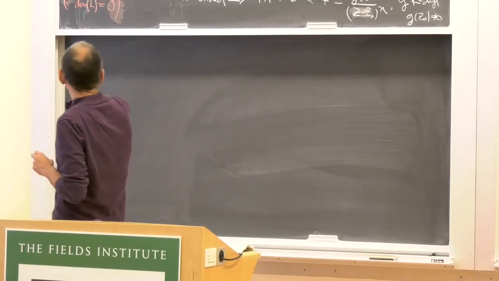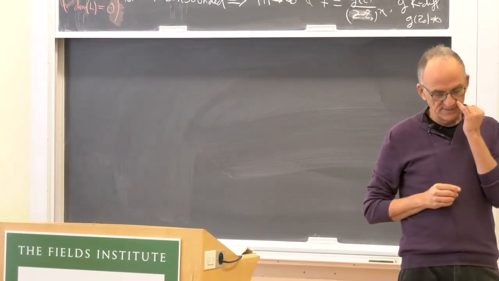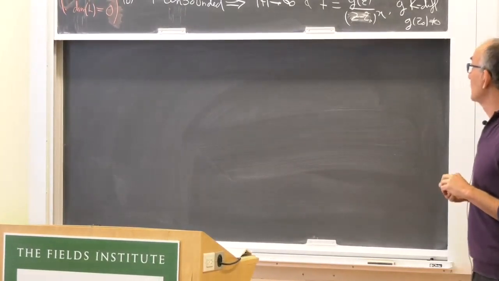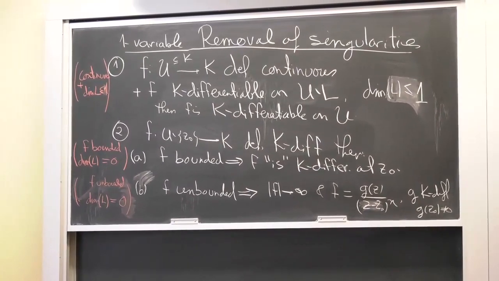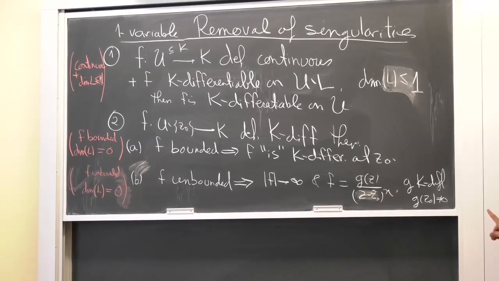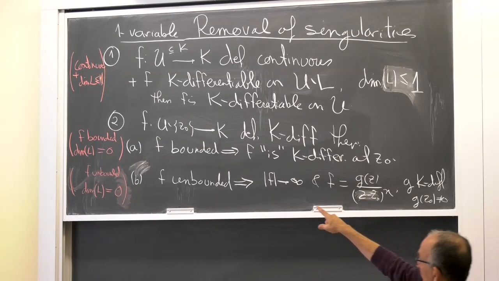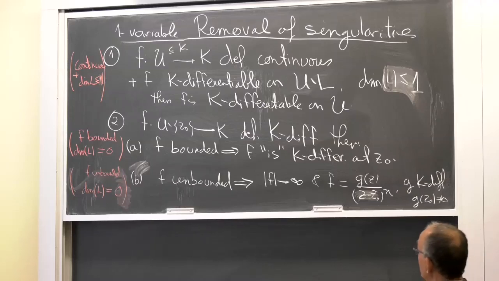All right, I put on the board the removal of singularities that we had in dimension one, in one variable, for two reasons. One is I'm going to quote results about the multivariable. We saw that if you remove a set of dimension 1, notice the number 1, this will play a role later, and you know that f is continuous everywhere but holomorphic outside the set of dimension 1, then it's actually holomorphic everywhere.